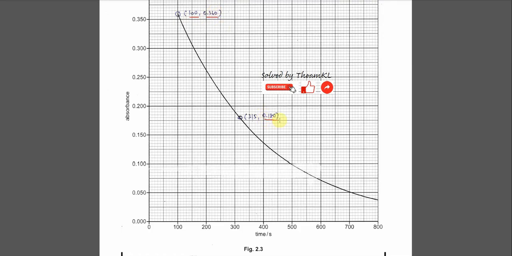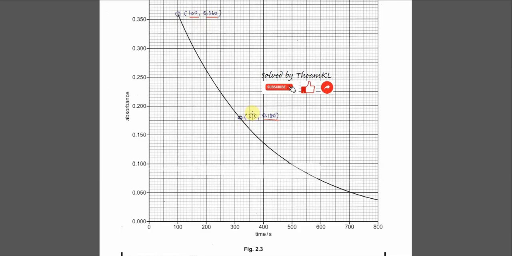So 0.18, and of course it must be from this line, so we can get this coordinate. The time is 315 seconds. These are the two coordinates you must use.